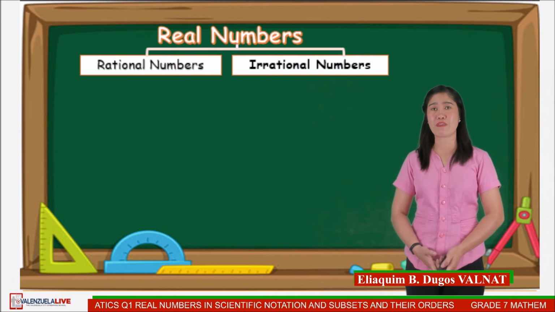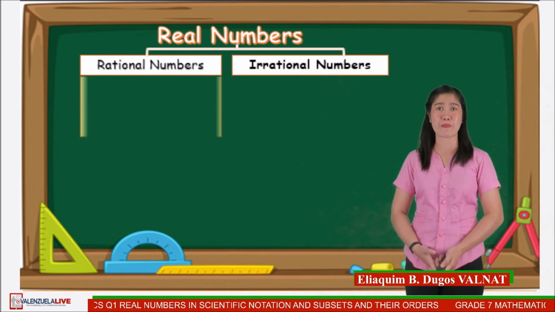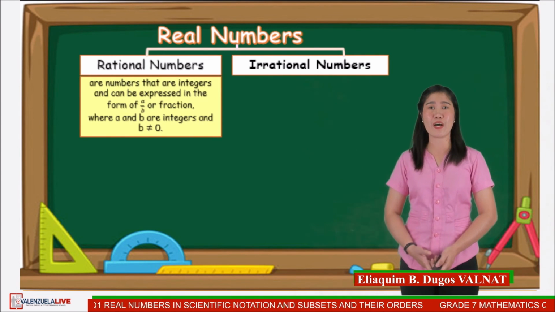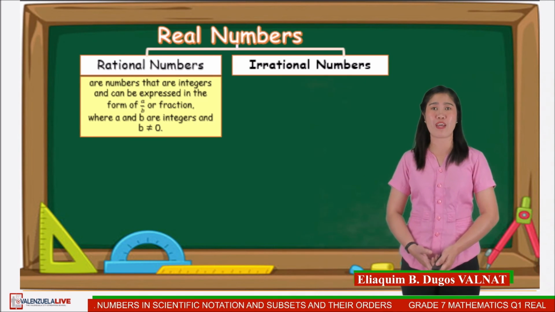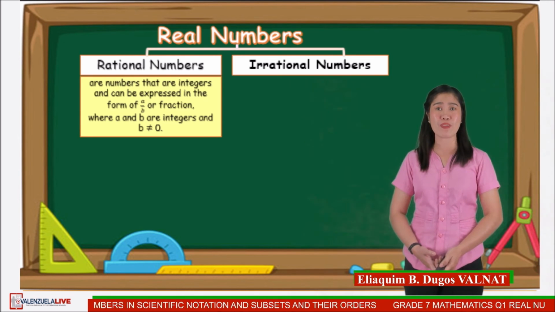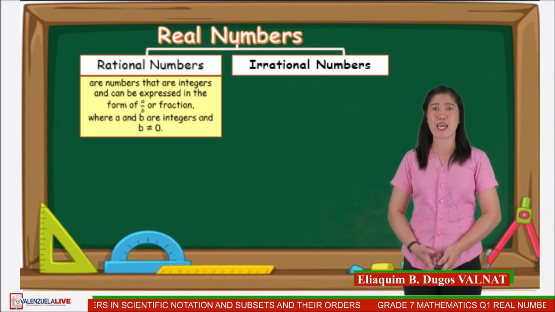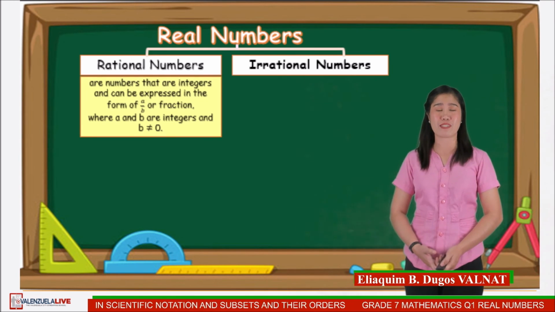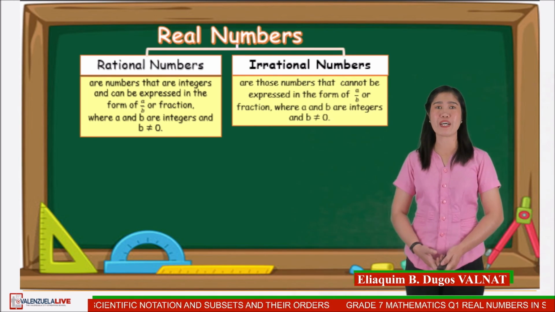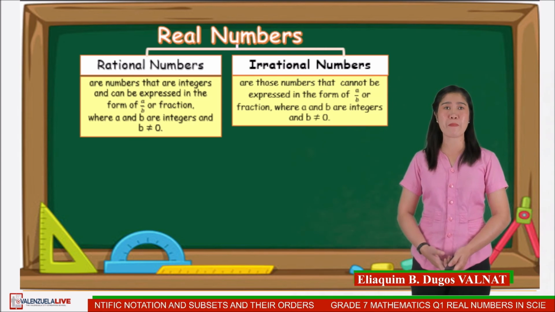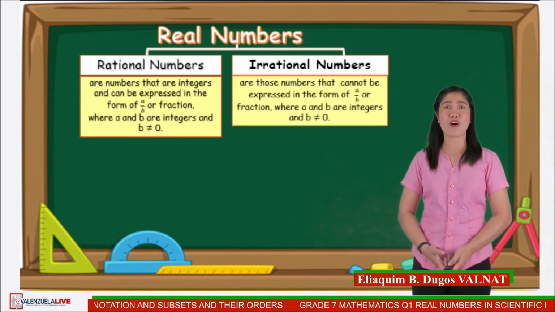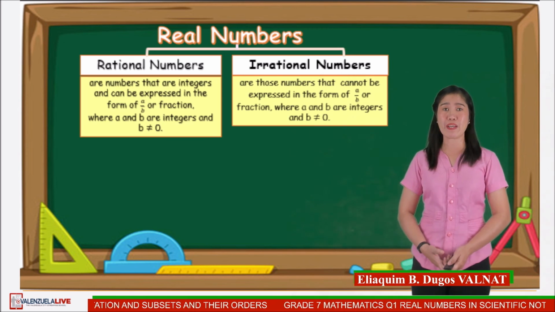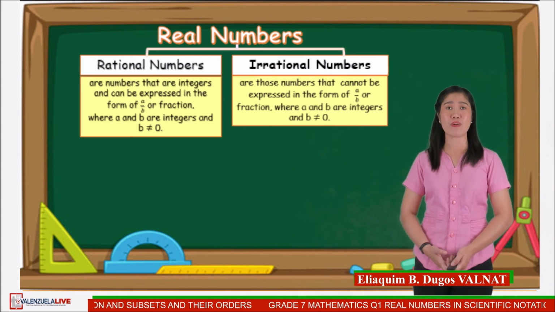Rational numbers can be expressed in the form of a over b or fraction, where a and b are integers and b is not equal to 0. While irrational numbers cannot be expressed in the form of a over b or fraction, where a and b are integers and b is not equal to 0.